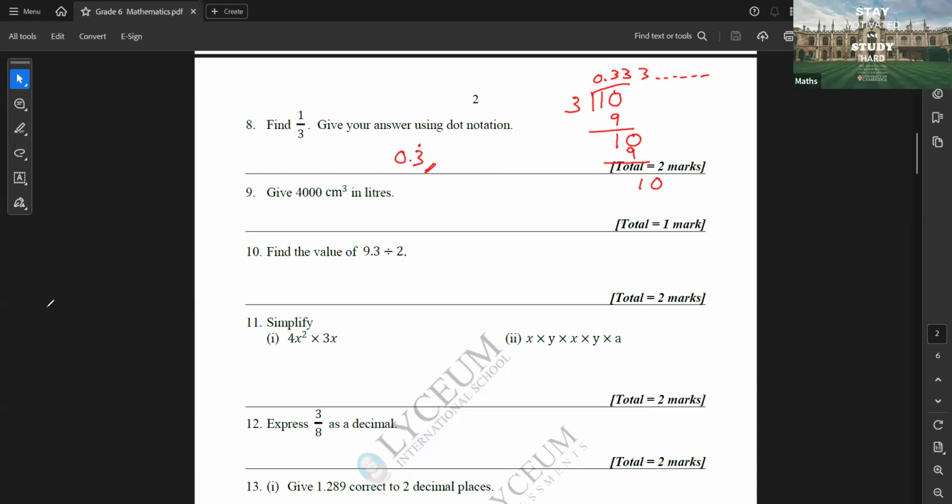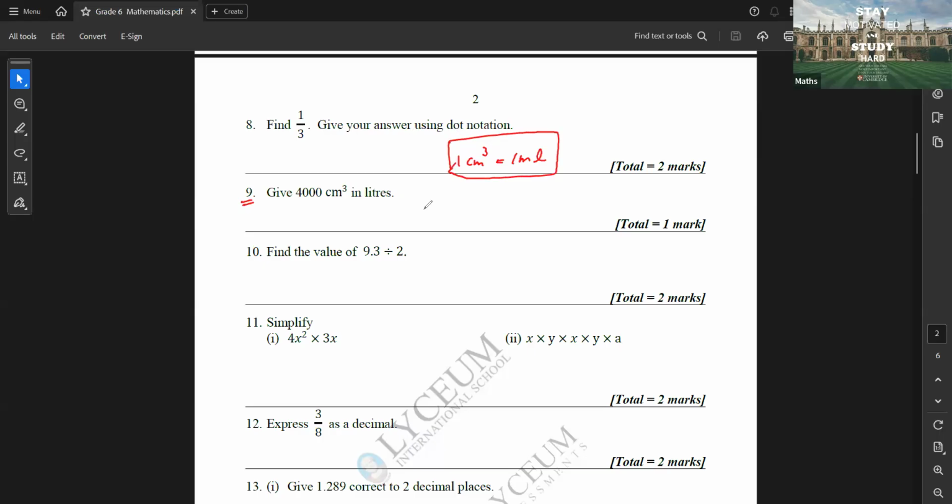Question number 9. Convert 4,000 cm cubed to liters. Once you see this question, you have to remember the theory. We learned 1 cubic centimeter is equal to 1 milliliter.